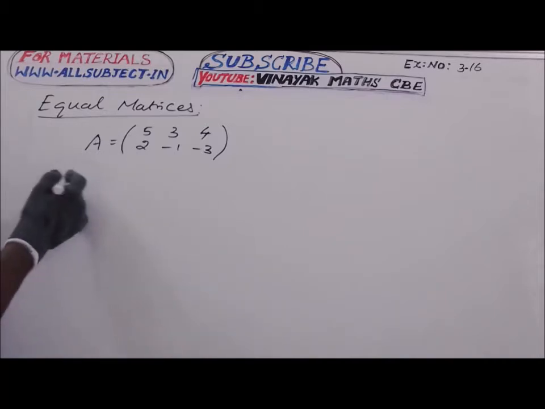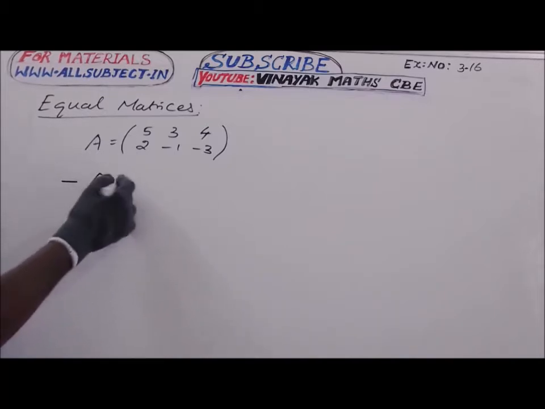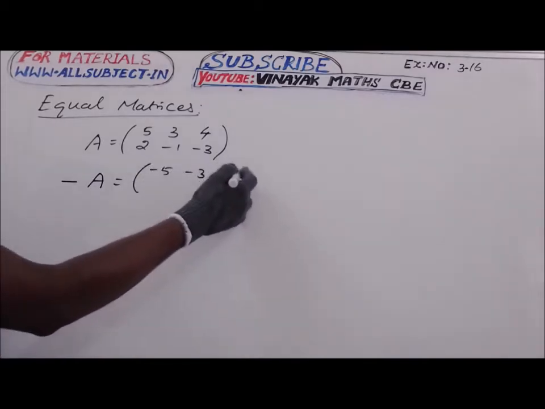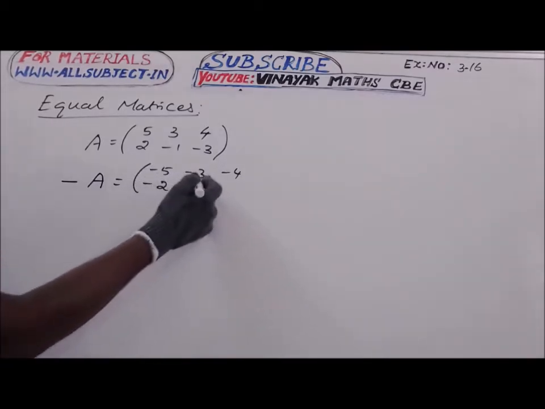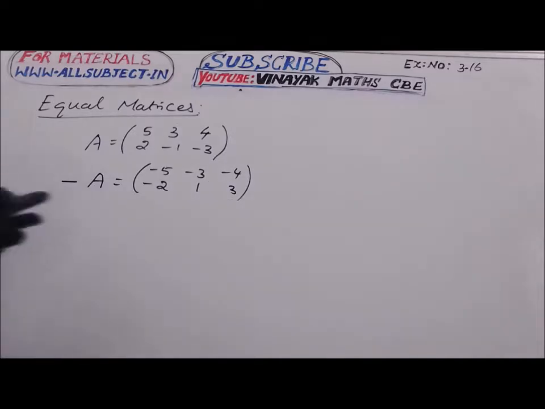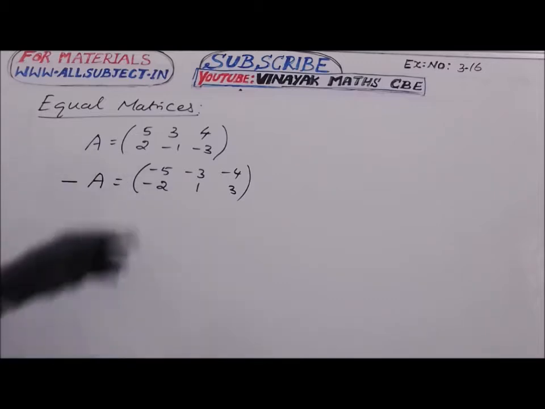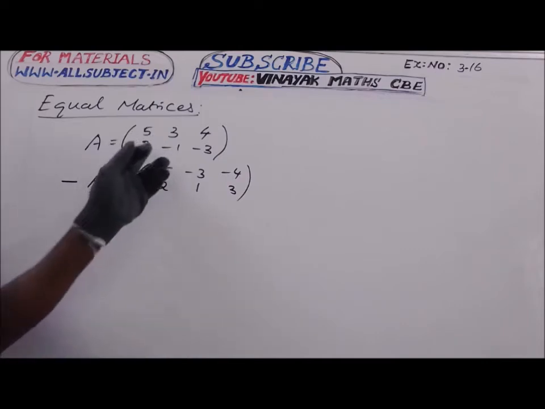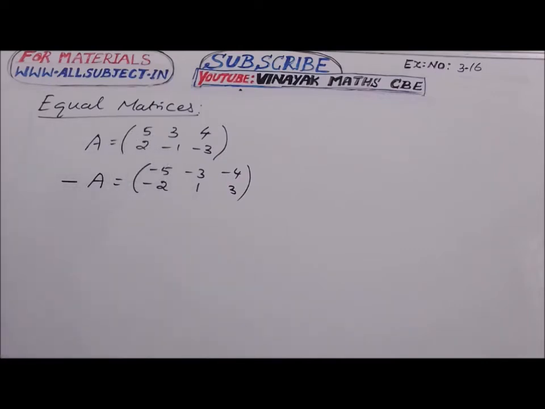Its corresponding negative matrix, negative of A, equals minus 5, minus 3, minus 4, minus 2, 1, plus 3. Changing its sign, we get the negative of a matrix. So this is the given matrix, and to get the negative of the matrix, change the sign of all the elements of the given matrix.